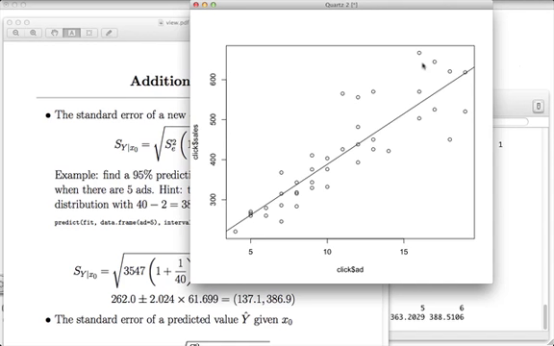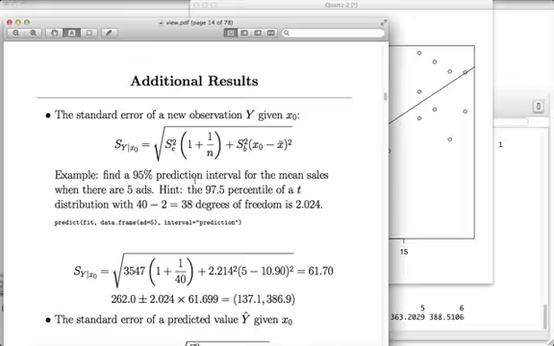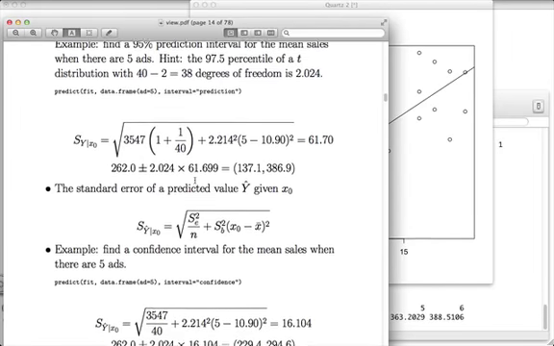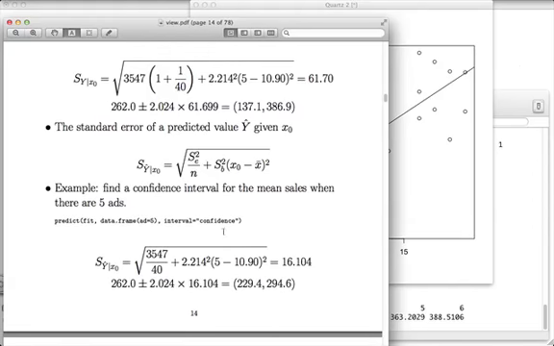One type of interval is called the confidence interval for the mean prediction. I've estimated my sales to be 262 if I had 5 ads. How much sampling variation is associated with that mean estimate? If I'd estimated a different regression model, how much might that mean estimate change? That's called a confidence interval for the mean prediction, and there's a formula for that.